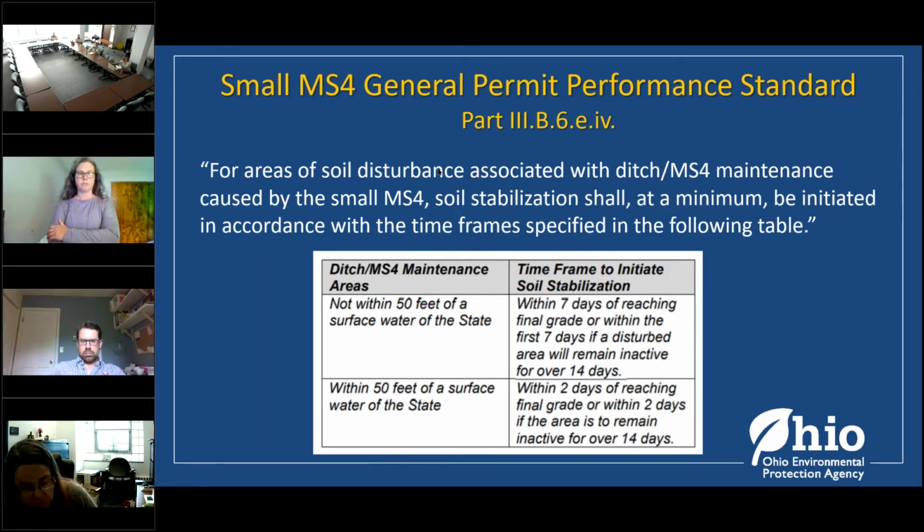And that table basically mimics the stabilization requirements that we find in the construction general permit. So if you're doing a construction project as an MS4 and you're disturbing an acre or more, you would have coverage under Ohio EPA's NPDES construction general permit.